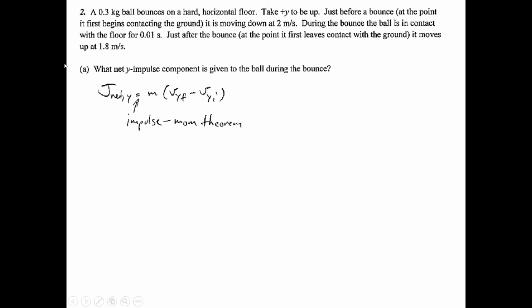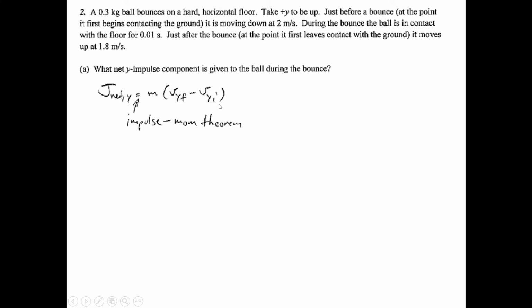The net impulse is the sum of all those, but we don't have to calculate it directly because the impulse momentum theorem relates the net impulse to the change in the momentum of the object. So I can calculate the left-hand side by instead calculating the right-hand side. That's the mass of the ball times the final y velocity minus the initial y velocity.